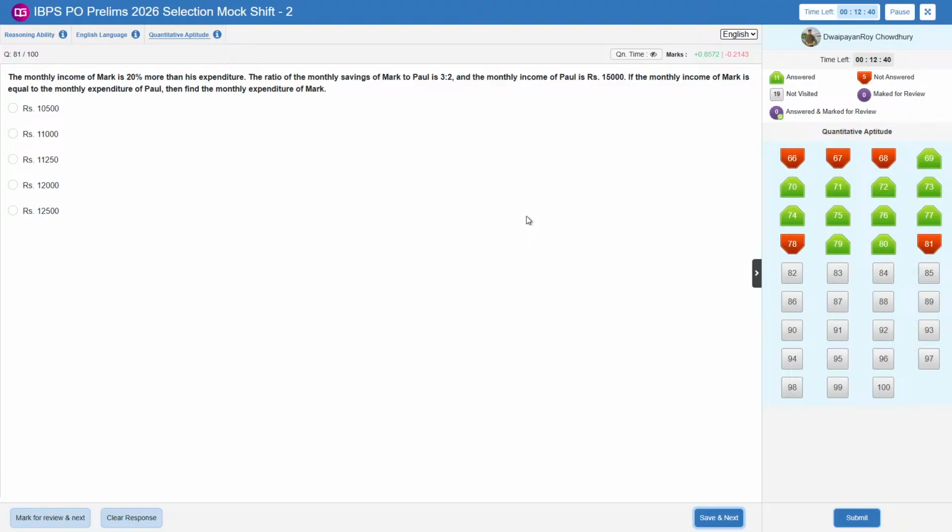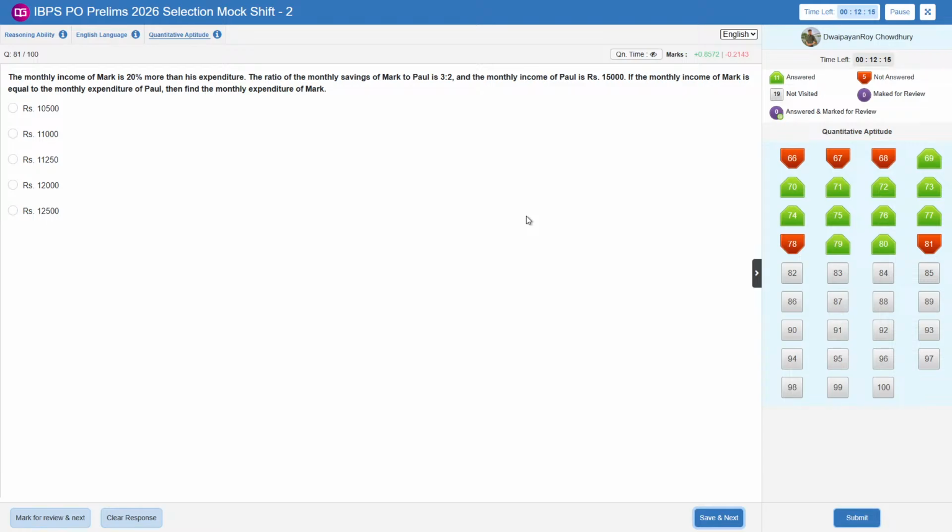The monthly income of Paul is 1500. Monthly income of Mark is equal to monthly expenditure of Paul. Expenditure, saving. Monthly income of Mark is equal to monthly expenditure of Paul. So total 8, expenditure of Paul, right? So it is 18.